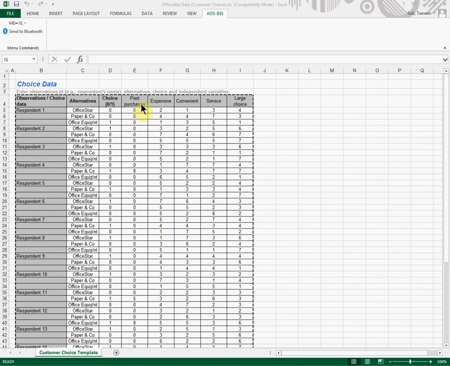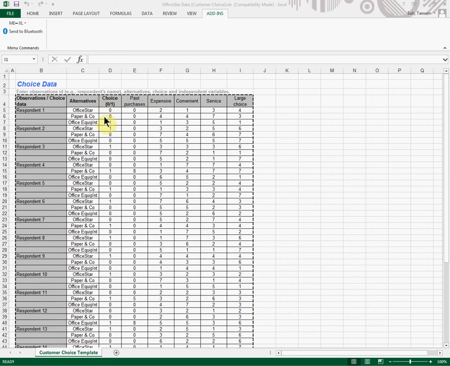For example, if you have purchased the product in the past, in the future there is more chance for you to purchase the product. So it'll be 1 when you have a certain number of past purchases. Or when you have better service, you are more likely to purchase the product. So this will influence the choice too.